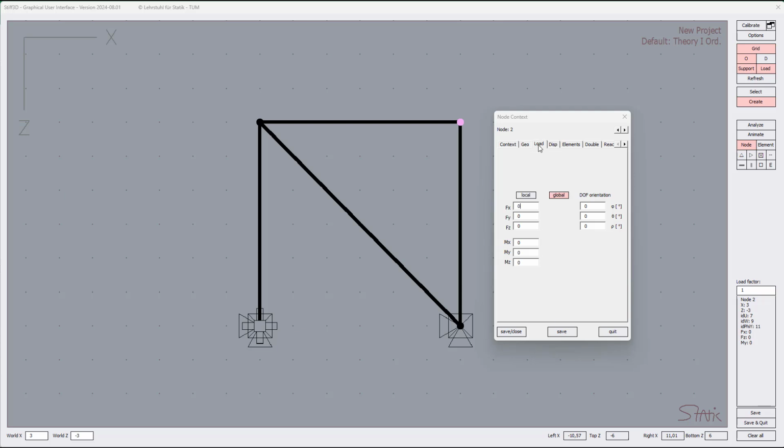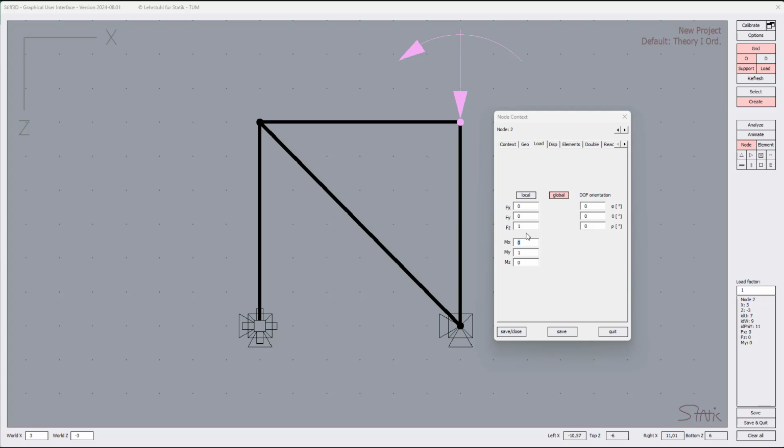Then loads, I think that is also self-explaining. We have here a load in Z direction. Don't forget that Z is going downward in our notations. The moment around the y-axis would look like this, as we're just familiar with that.